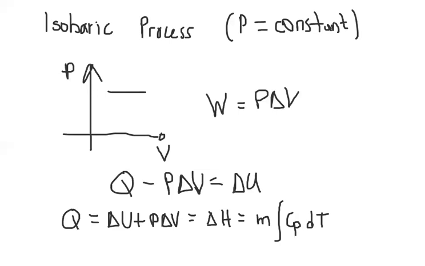Cp and Cv are very related, by the way. Cp is going to be equal to Cv plus R, which is the ideal gas constant.